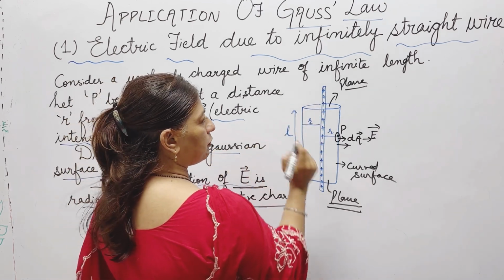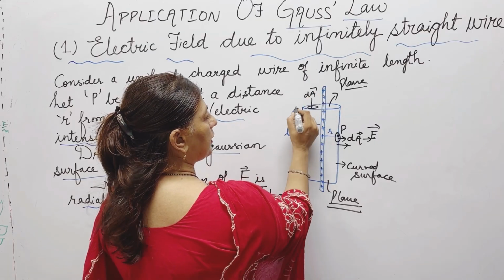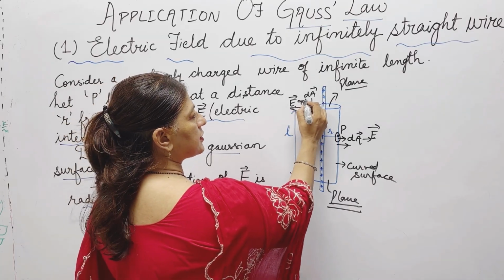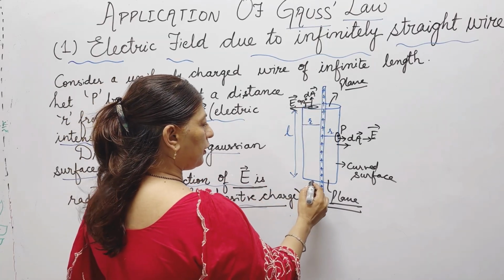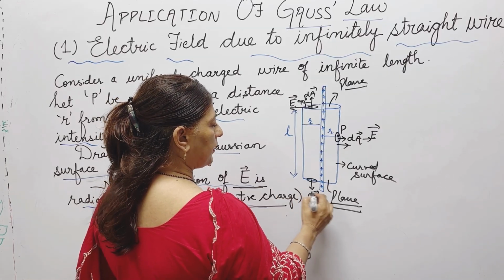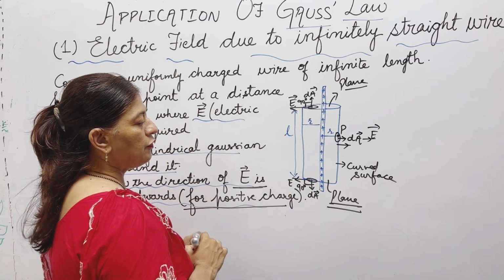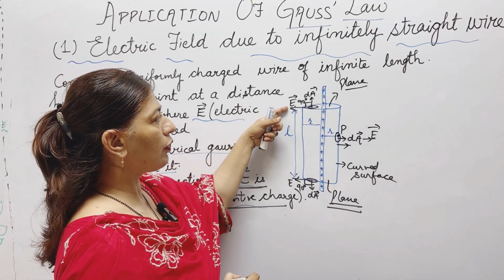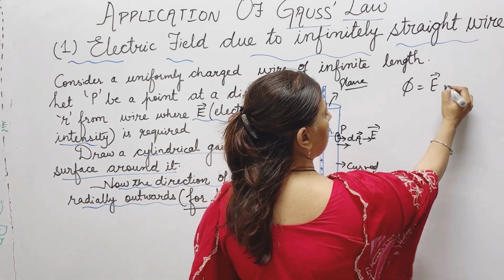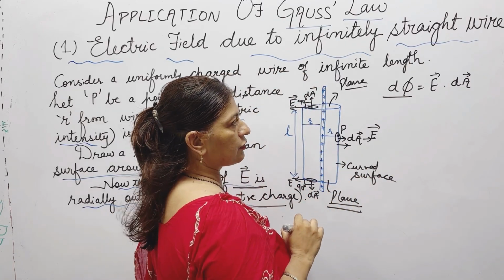But if we look at these plane surfaces, the angle between any area element dA and the electric field is 90 degrees. Same here, if we consider any area element here, the area element and the electric field have a 90 degree angle between them. So if we take E dot dA for the electric flux, for the small element we consider d phi as the electric flux.